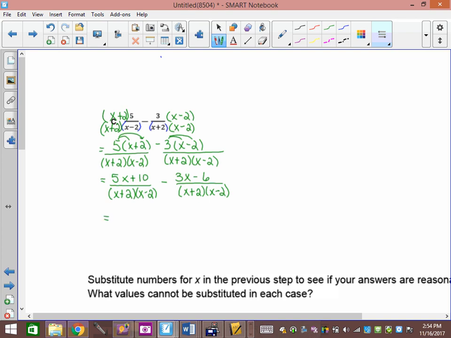And then it's going to be all over x plus 2, x minus 2. And you're going to get minus 3x plus 6 because you're subtracting them.